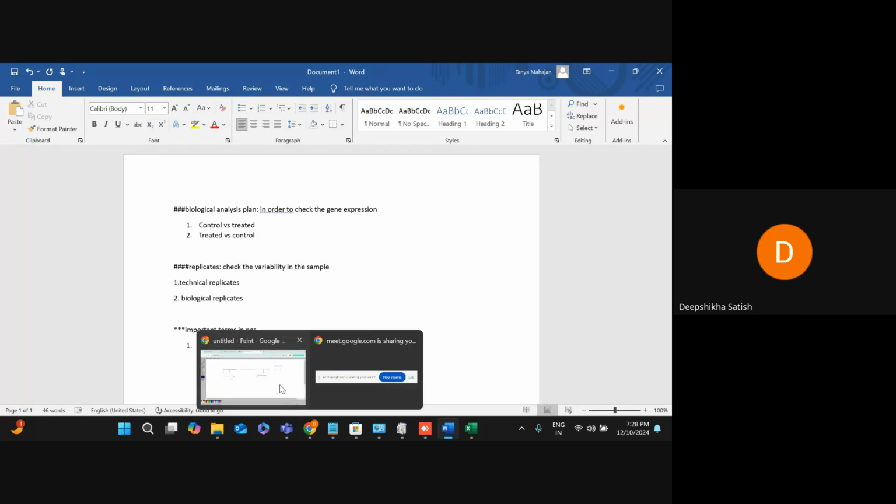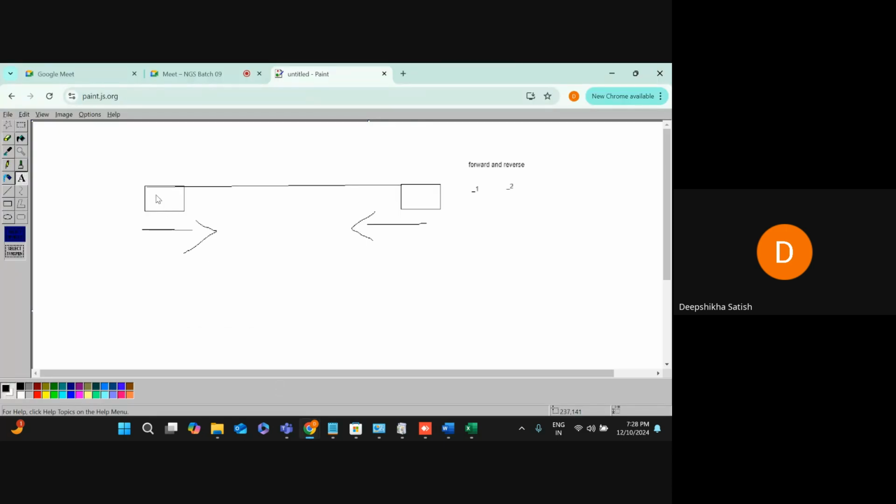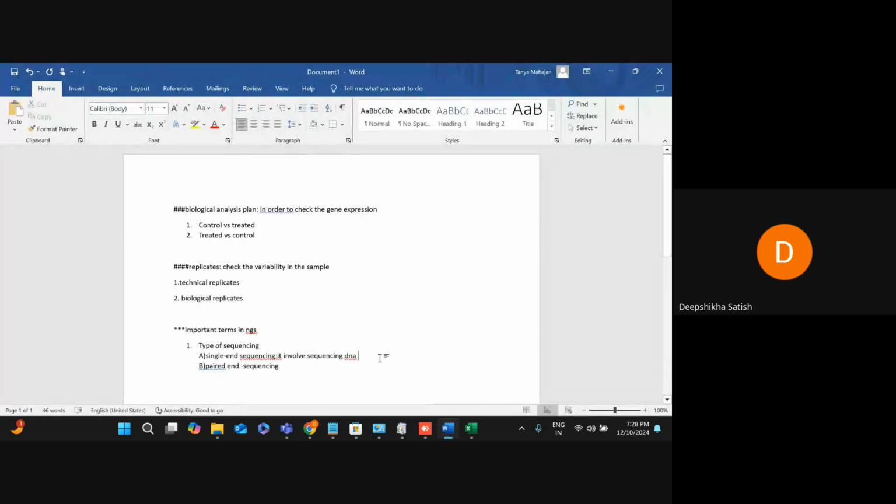Yes, sir. In paired end, why is it better? Because you can see it is reading from both sides, right? So we cannot miss any of the information in paired end data. That is why paired end sequencing is better than single end. Got it?